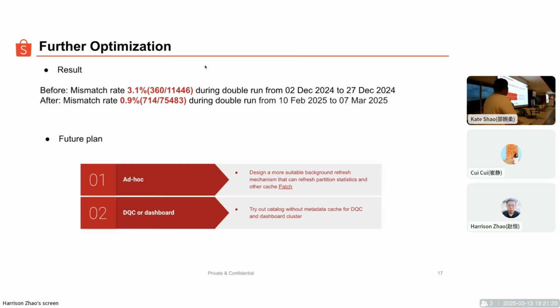And also for the DQC or dashboard cluster, I can try out a catalog without metadata cache. As you know, the DQC or some dashboards will not query so many partitions, so that means the query will be very simple for that.